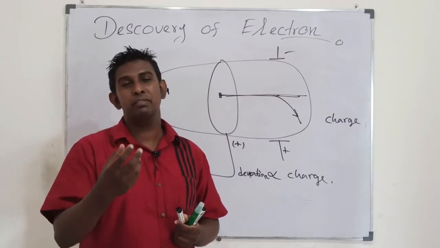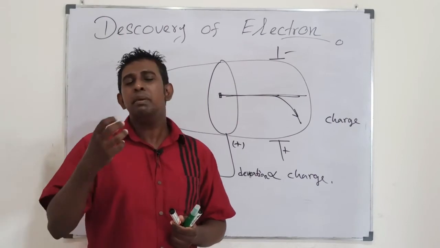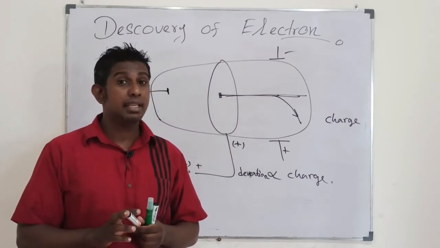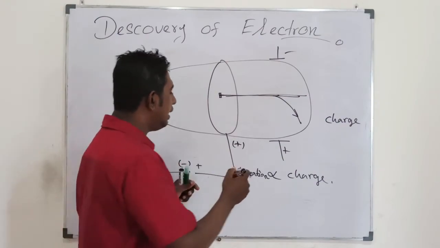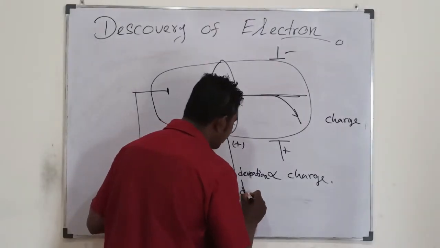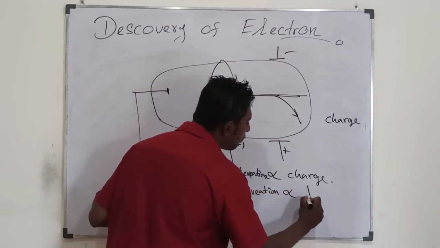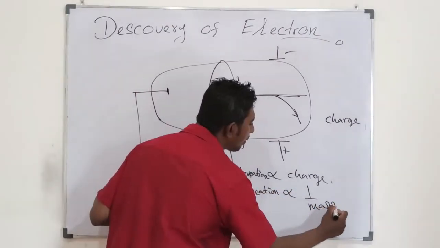Deviation would be more if the mass is less. If the mass is high, the deviation would be less. So the deviation would be inversely proportional to the mass.